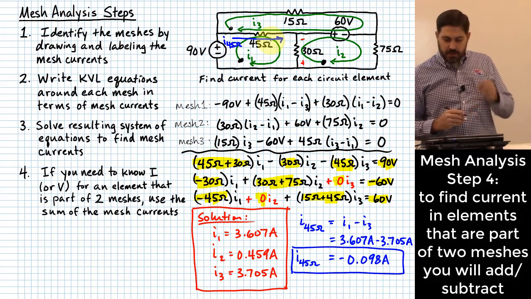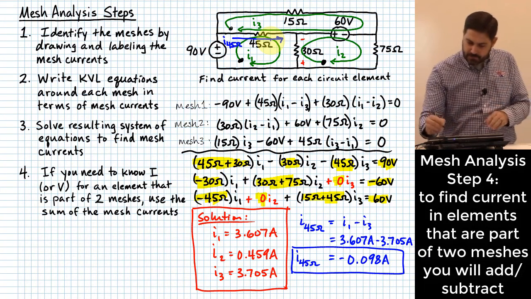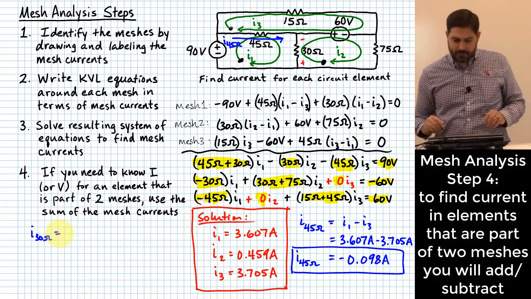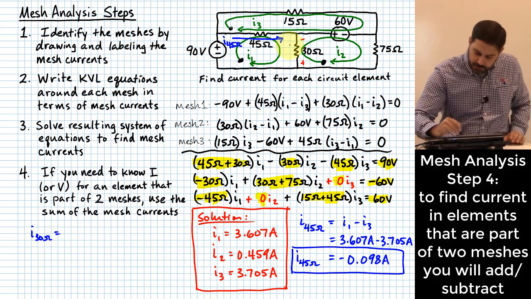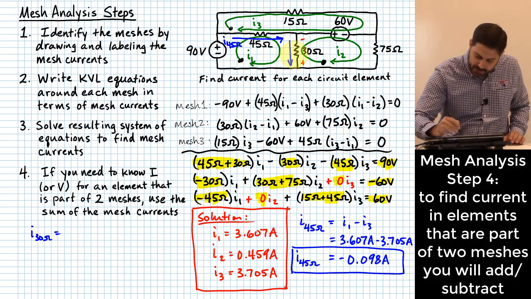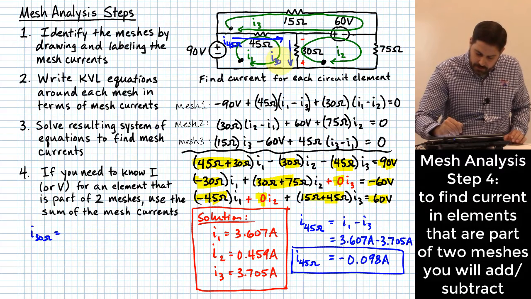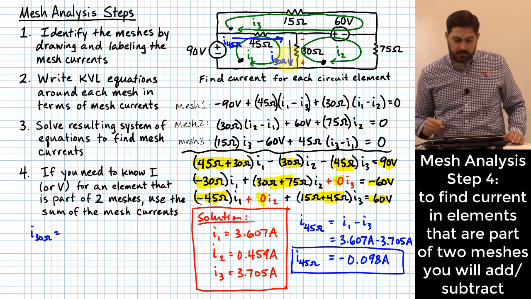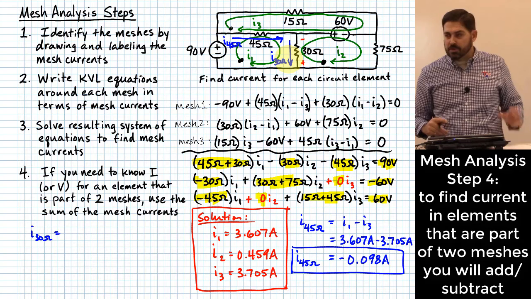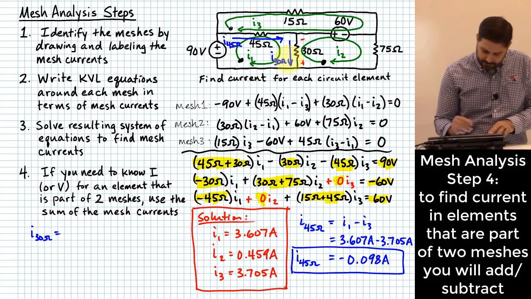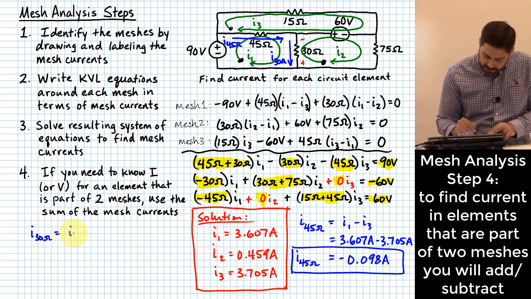What if I wanted the current through the 30 ohm resistor? Okay, first of all, define what direction you're taking to be positive. I'll just show it this way. Let's say this is I of the 30 ohm. That'll let you know which direction to do your sum. Then what? This will be I1 minus I2.